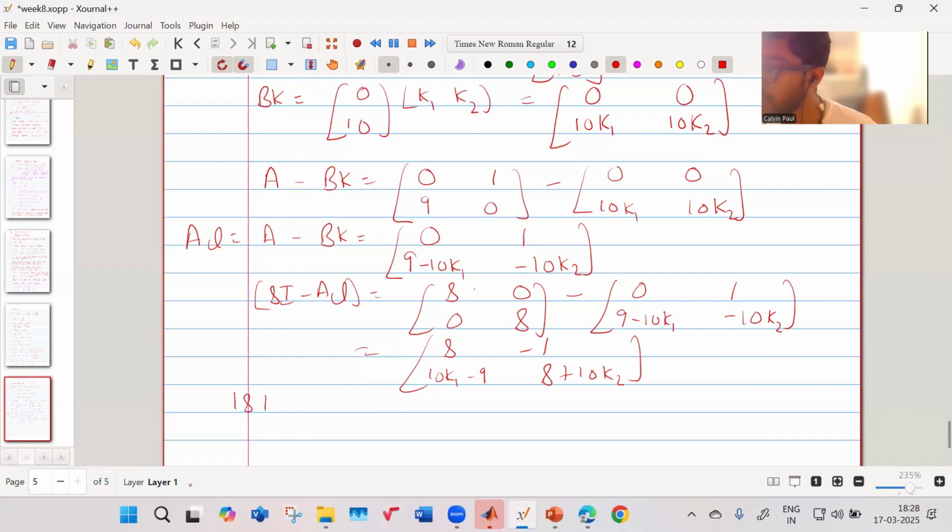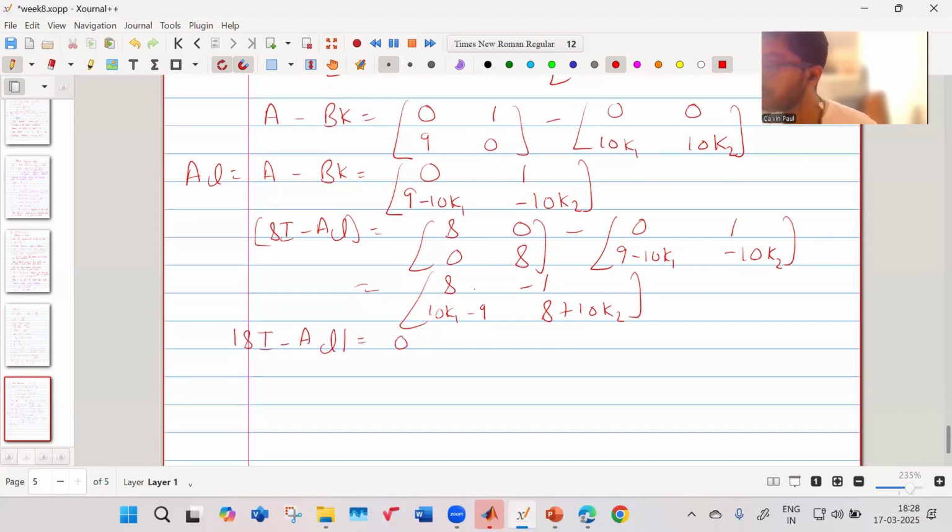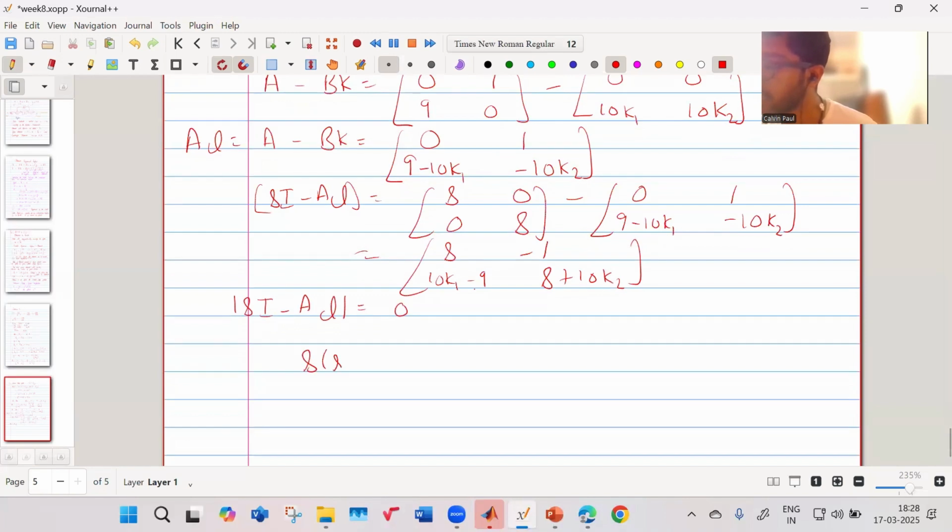We have to find sI minus A closed loop equal to 0. So we get s into (s plus 10K2) plus 10K1 plus 9 is equal to 0, so s square plus 10K2 s plus 10K1 plus 9 is equal to 0.